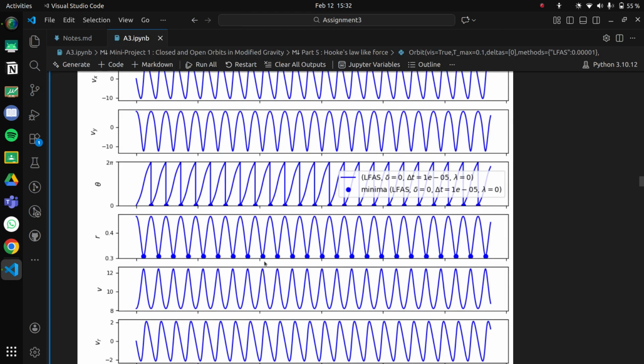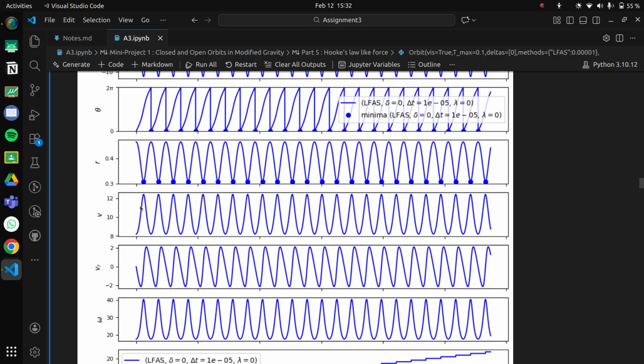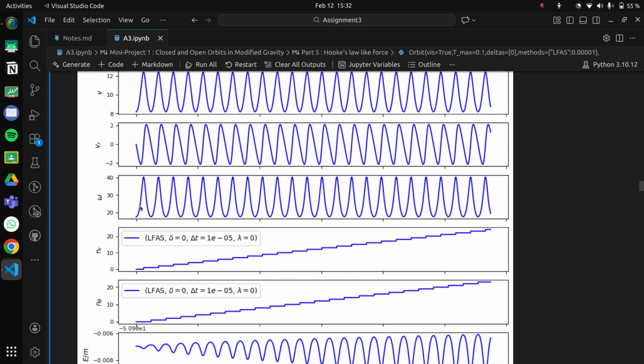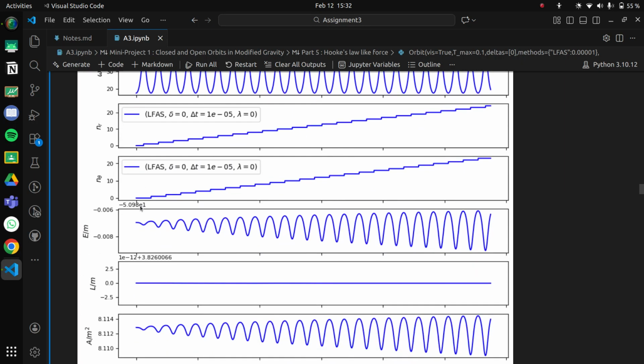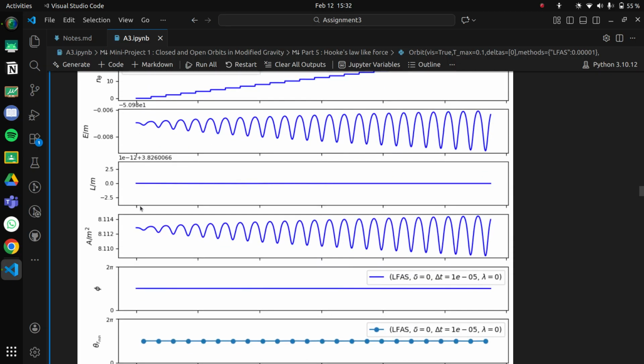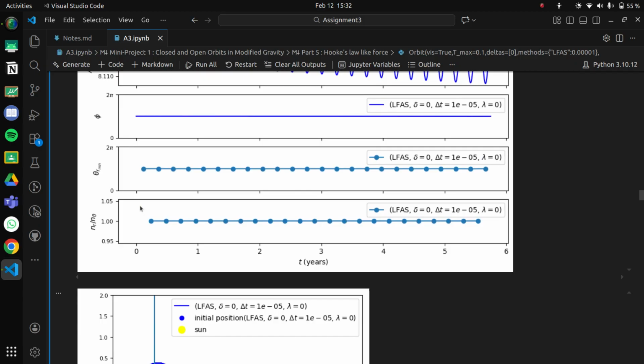So one thing I don't quite get is, why are there these weird sort of things which are happening? It should be linear, but it isn't linear. It's doing something weird. Yeah, the energy is just like that, and what the hell is going on?